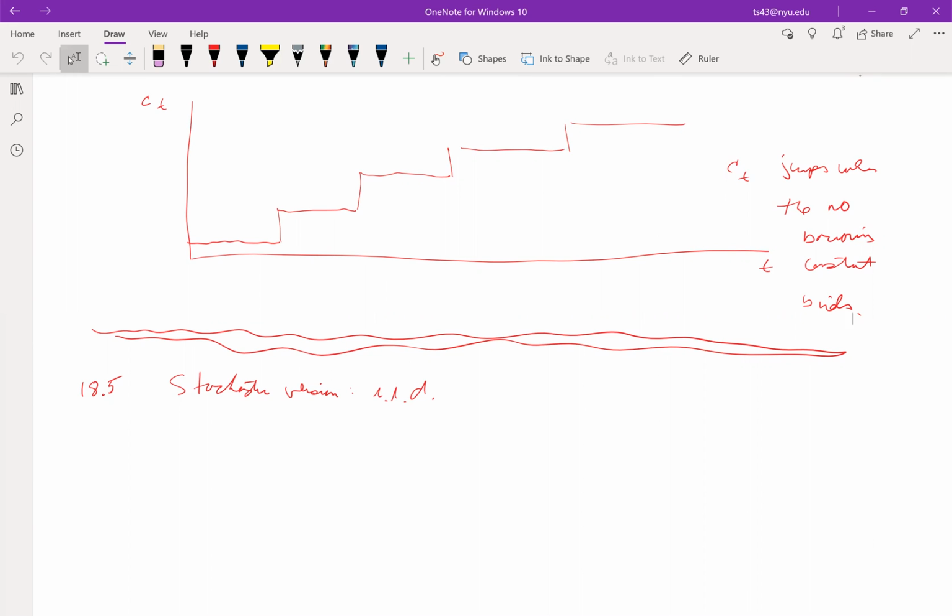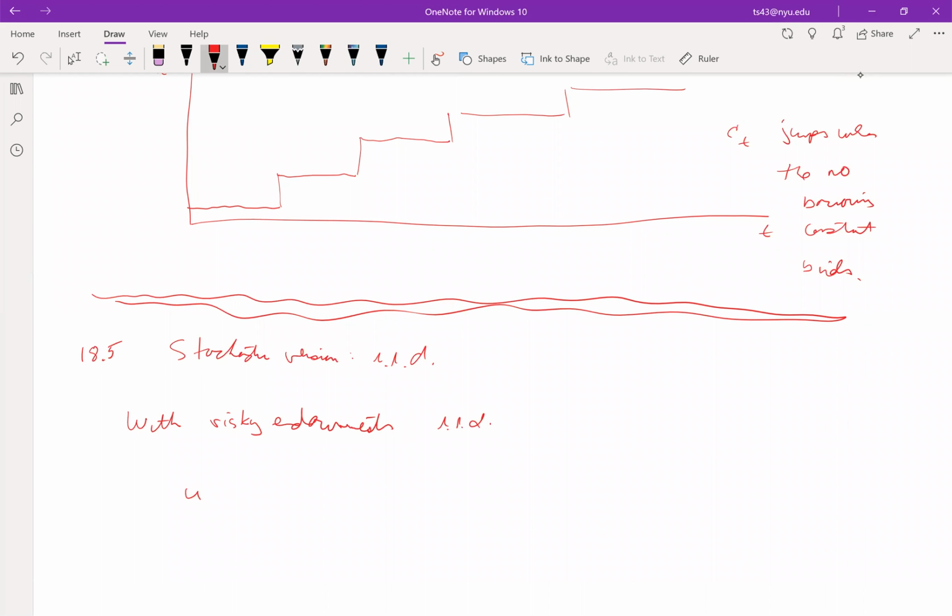So with an uncertain, with risky endowments, we've set this up, and we're going to have IID, and I wrote the Bellman equation.